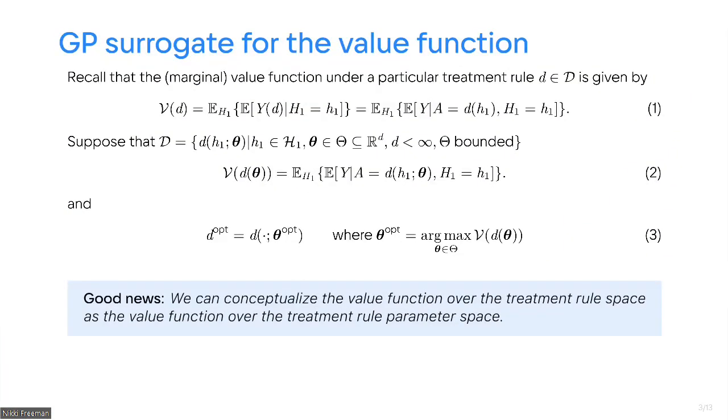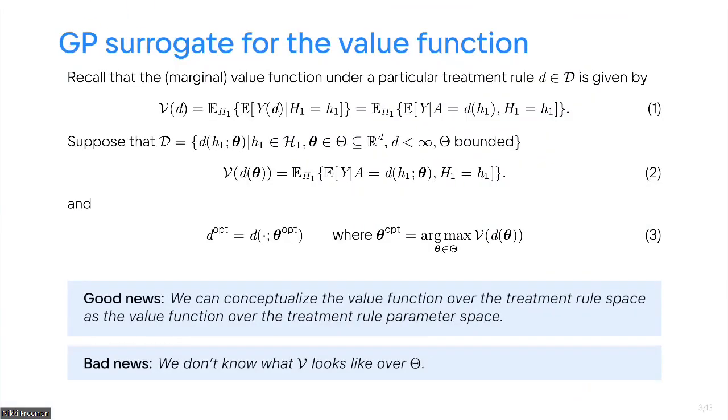So this is really cool because we have a simple problem, right? I can think of the value function over the treatment rule space as a value of the treatment rule parameters. And this seems really straightforward and nothing seems too scary or crazy. There's a little bit of bad news though, is I haven't told you what this V looks like. How do we actually do that estimation of the V?